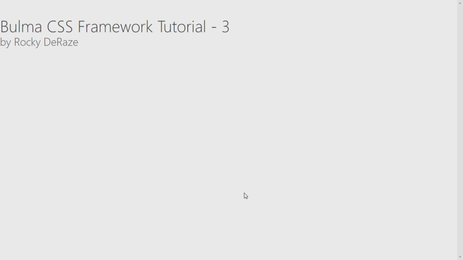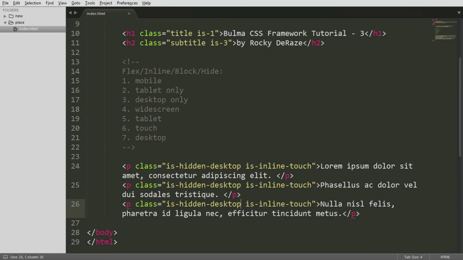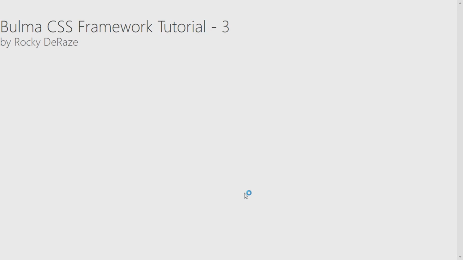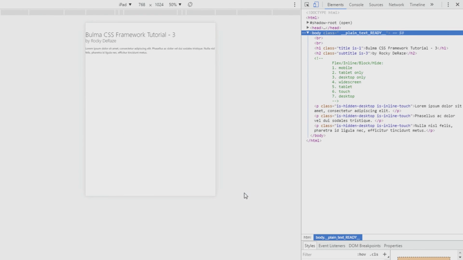Alright, when I give it is-hidden-desktop, it is disappearing. But if I hit F12, let's see what happens. As you can see, it is perfectly visible over here in the iPad version. Similarly, you can hide it or show it according to the device that you're using, and this is very useful when it comes to responsive web design.